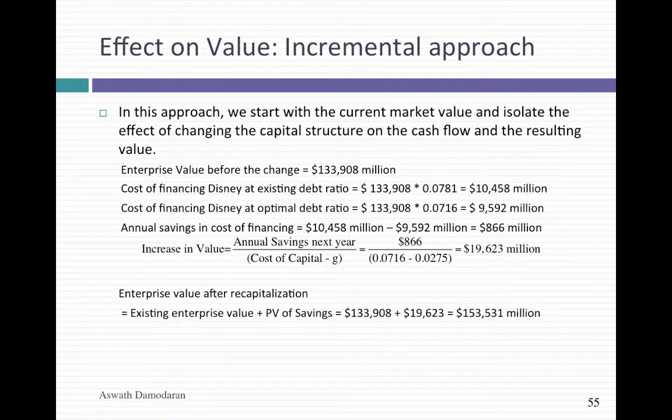Now, the next thing we want to look at is how one has to process this value effect, in terms of, as we say here, the incremental approach. See, the reduction in the cost of capital is basically annual savings, and the savings are, of course, implicit because they're kind of built into the cost of equity.